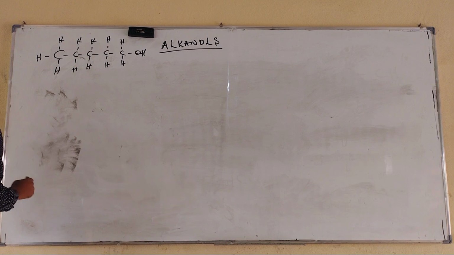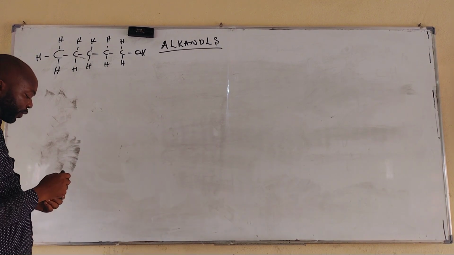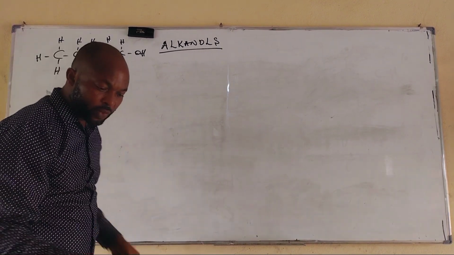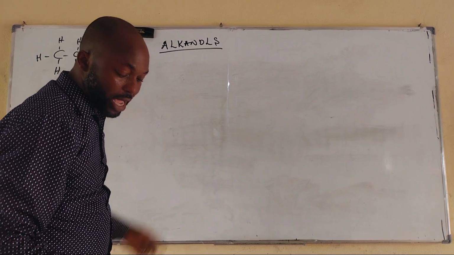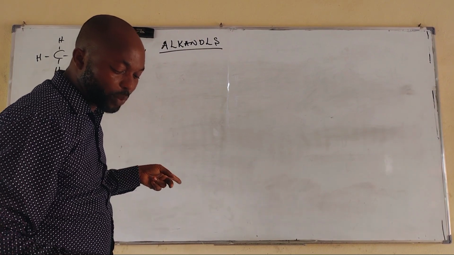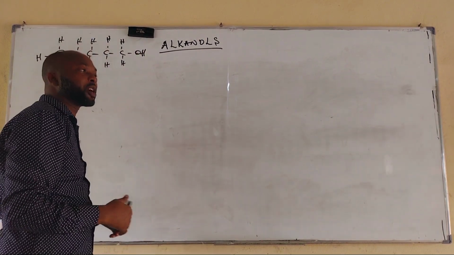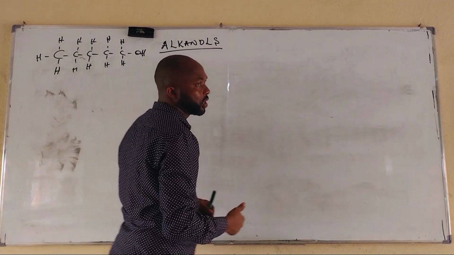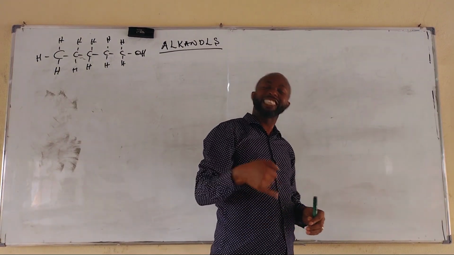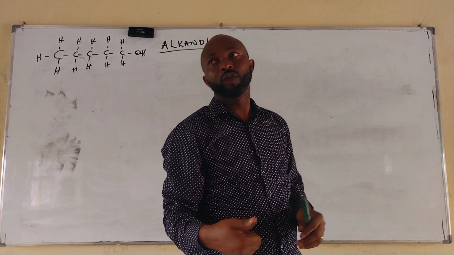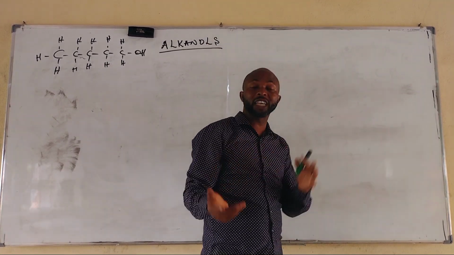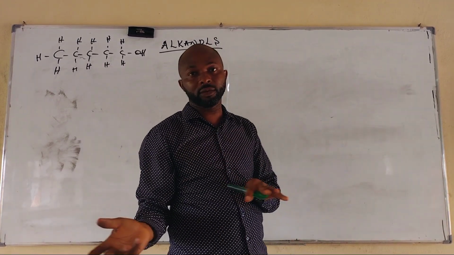So first, this is our pentanol. But they say we should write, let me read it again, the structure and the IUPAC name of an optically active alkanol. What is an optically active compound? It is a compound which has a chiral center, which means it can rotate plane polarized light to either the left or right.